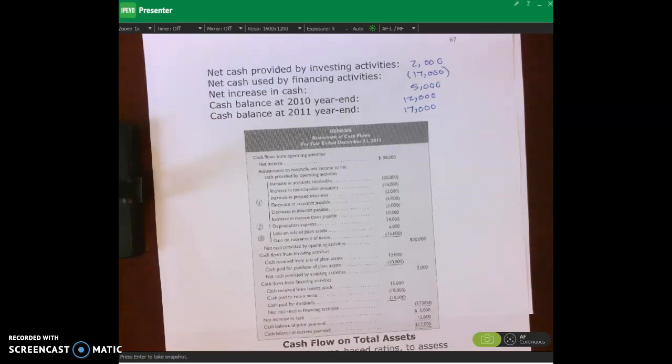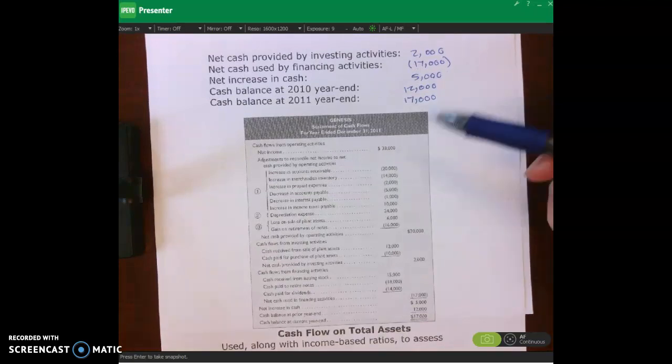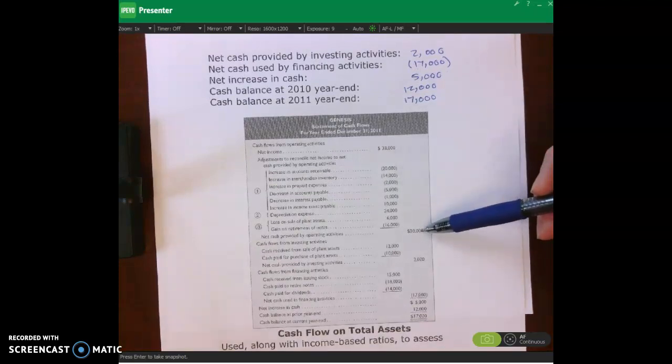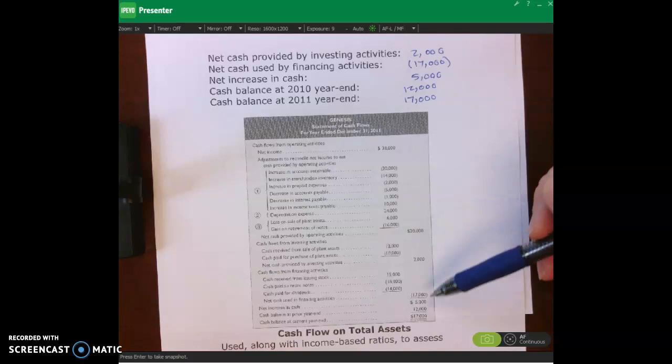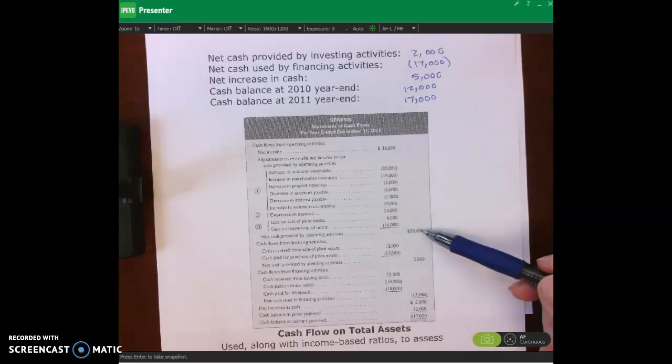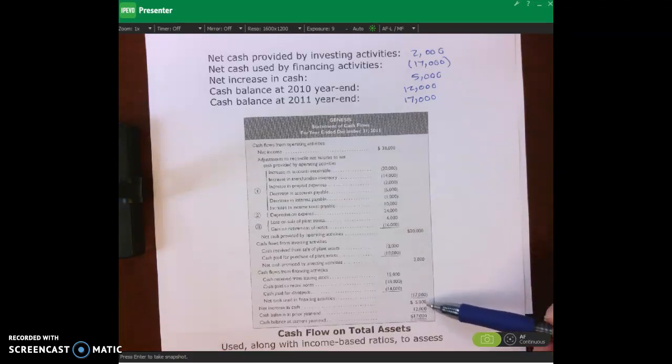Here is the full statement of cash flows, and here again is where we got that 20,000, the 2,000, and the 17. The 20 plus the 2 minus the 17 gives us that 5. The 5,000 plus the beginning balance of 12,000 equals 17,000. We want to make sure that ending cash is indeed 17,000, and as you saw in the balance sheet, it sure is.